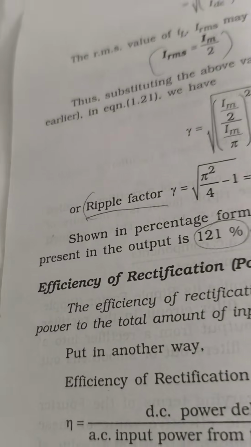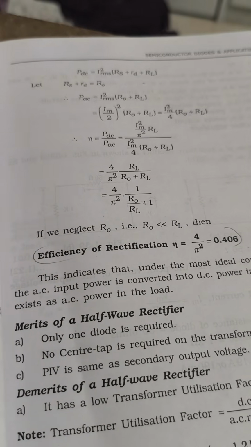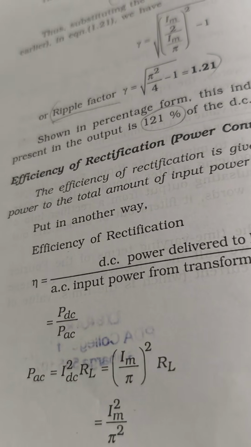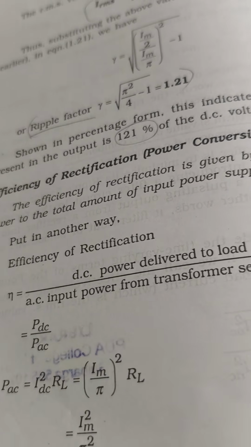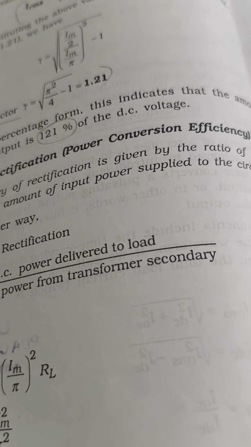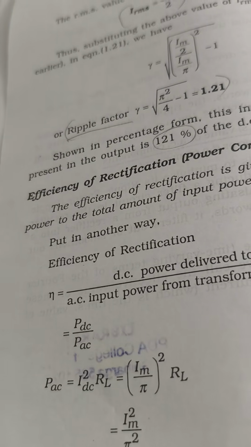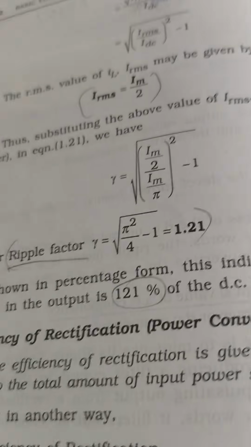What is the expression for ripple factor? What is the expression for rectifier efficiency? Efficiency of rectification equals DC power delivered to the load divided by AC input power from the transformer secondary, that is PDC by PAC. If you know all these concepts, then only you can solve the problem.